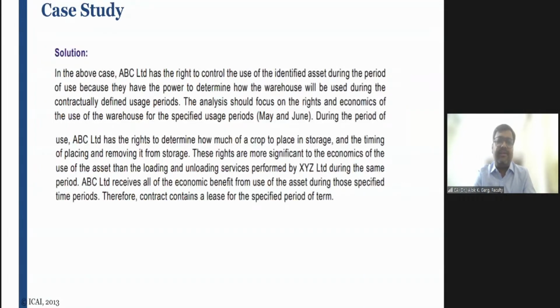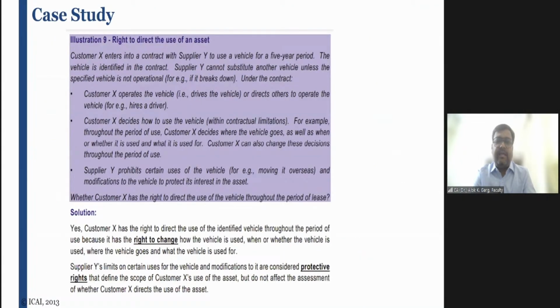Then friends, we did some examples, and let's do one more example, then we'll move to the new concept. Right to direct the use of an asset. Customer X enters into a contract with supplier Y. And I have told you in the last class that in this standard, you will find the words customer and supplier.